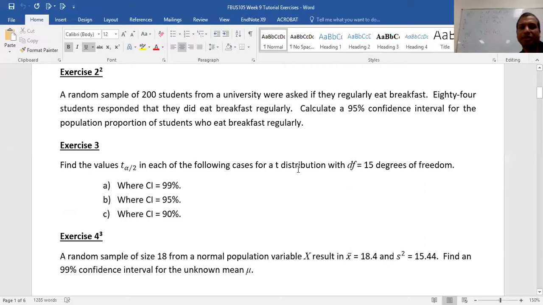Oh, this one is pretty easy. Find the values of t alpha by 2 in each of the following cases for the t distribution with degrees of freedom 15. Do you have a t distribution table with you?